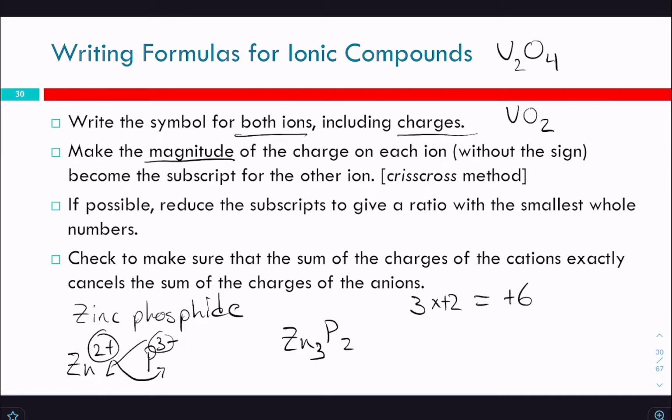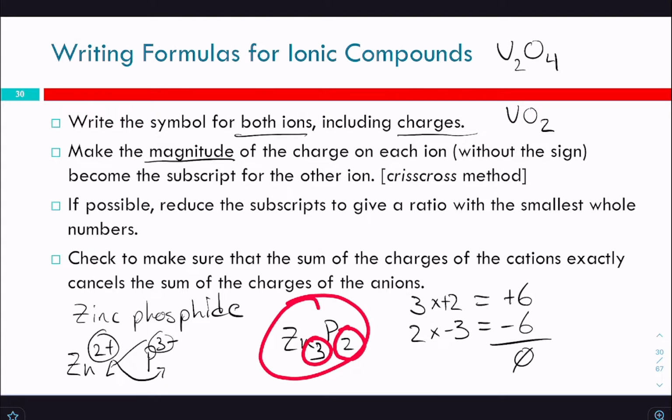And then we have 2 phosphorus times a -3 charge, so that'll be -6. We add those up together, we get 0. So we know that this ionic compound has to be 3 zincs and 2 phosphorus because that adds up to 0.